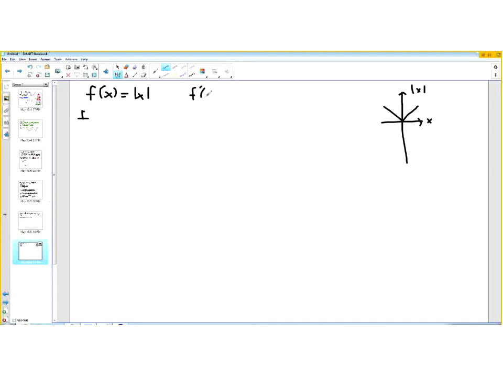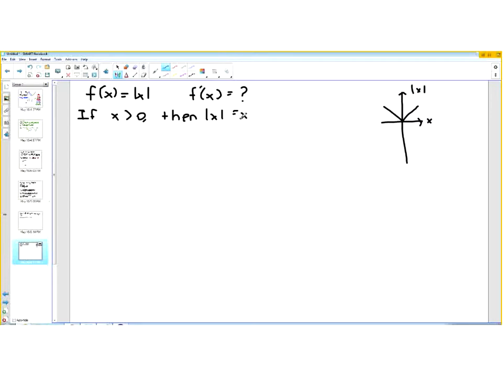If we start off simply by saying if x is greater than 0, then the absolute value of x is just equal to x by definition.